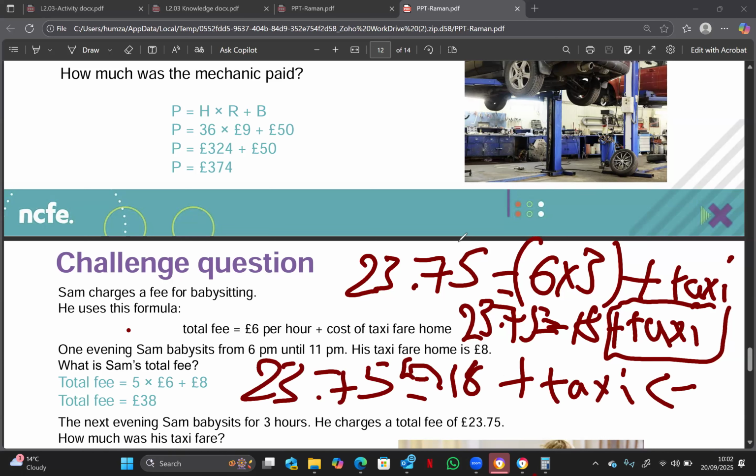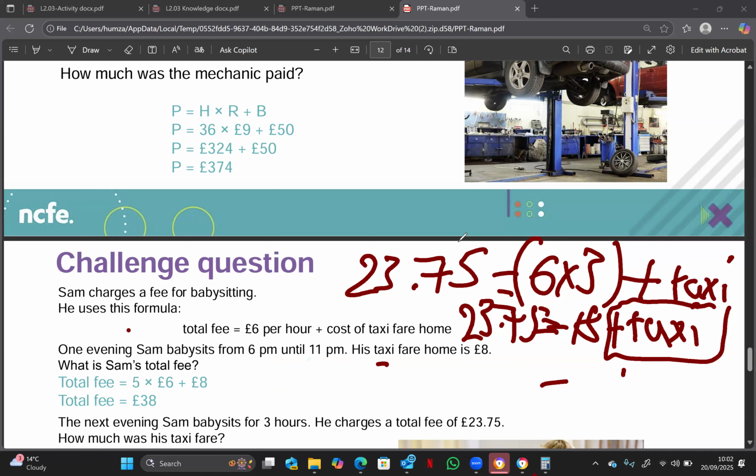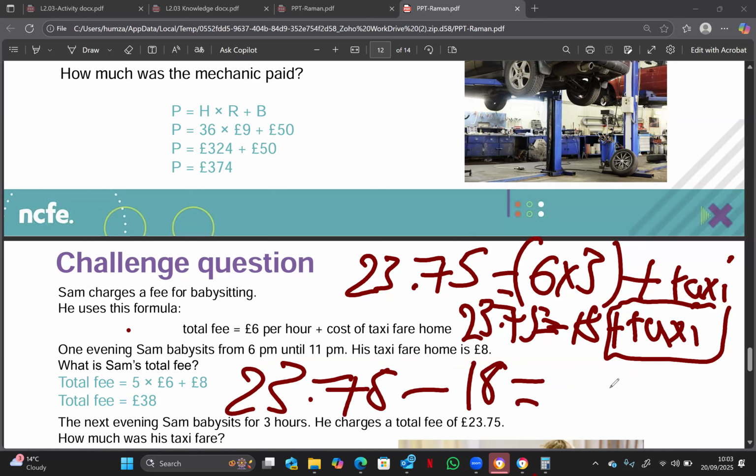If you don't understand, let me know. We cross the 18 to the other side, so we do 23.75 take away 18 equals taxi. Do you get why I did that? Yes.